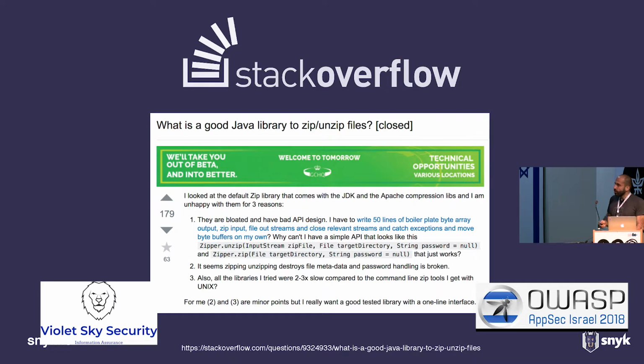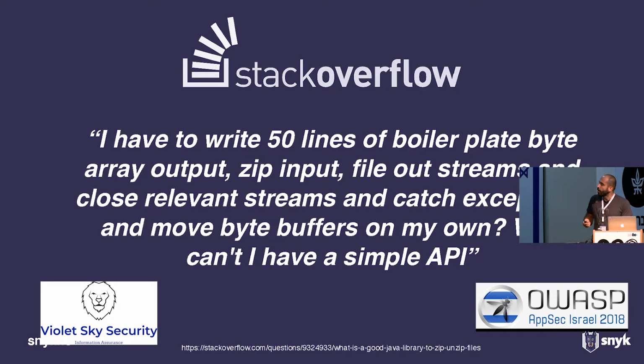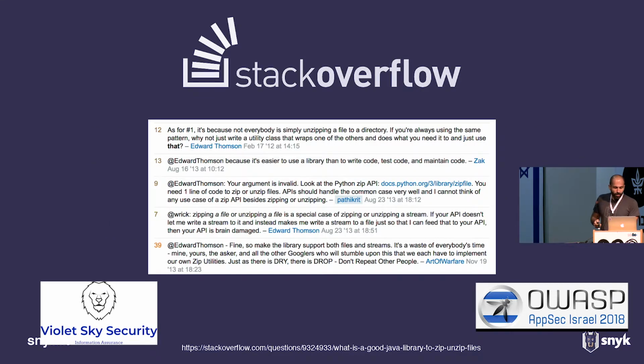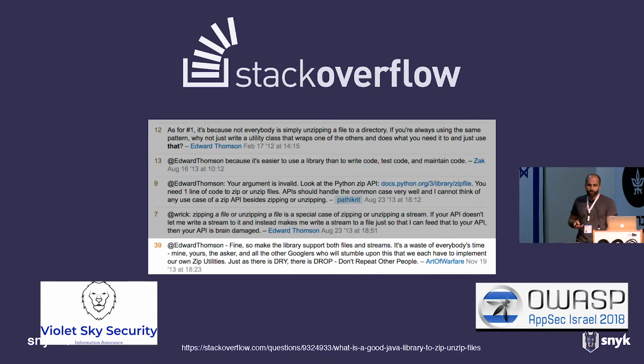So as I mentioned, almost all of the answers had vulnerable implementations. And here we can also see some frustrations. I'm not sure you can see it here, but you can see on Stack Overflow the frustration that comes from the developers, ranting about all the crazy things that they need to do just to extract an archive.